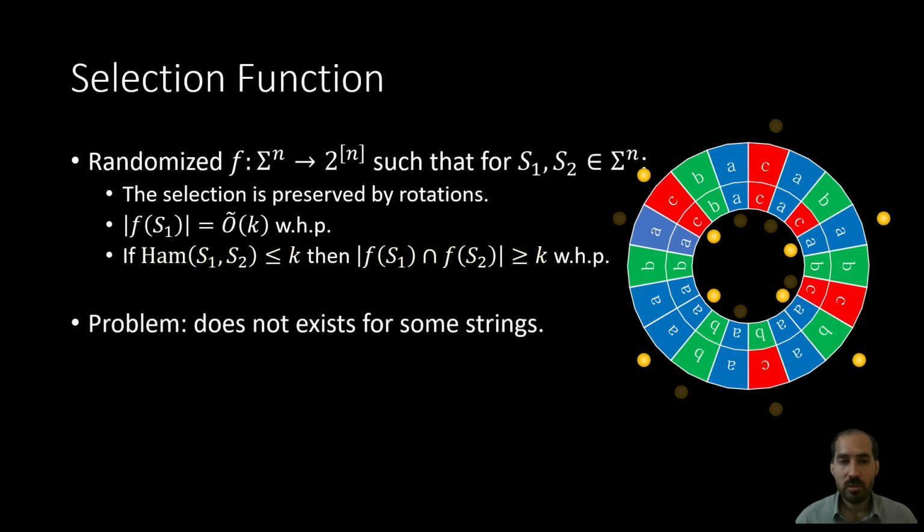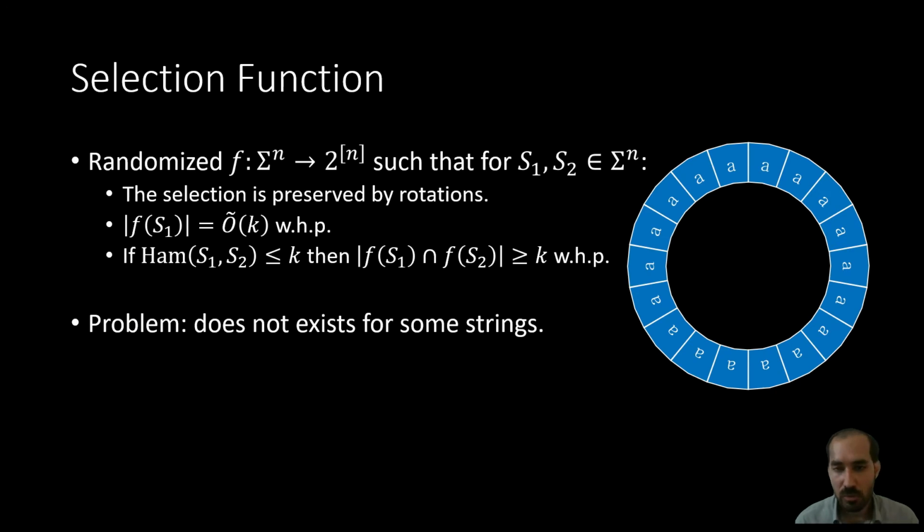The problem when we want to find such a selection function is that there are strings for which we can be sure that no such selection function exists. For example, if the string is composed of repetitions of the same character a, then let's consider the first index. If we assume the selection function selects index number 1, then by the first property, that the selection is preserved by rotations, it must be the case that for any cyclic shift, we also take the corresponding position.